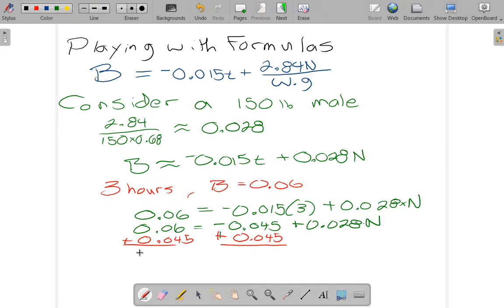On the left side, when I add those two together, we get 0.105. And on the other side, I have a negative number and its positive version, and those two add up to 0. 0 plus something is itself. So over on this side, I'm just going to have 0.028 times n.